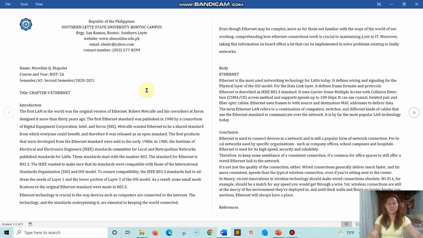To ensure compatibility, the IEEE 802.3 standards had to address the needs of Layer 1 and the lower portion of Layer 2 of the OSI model. As a result, some small modifications to the original Ethernet standard were made in 802.3.